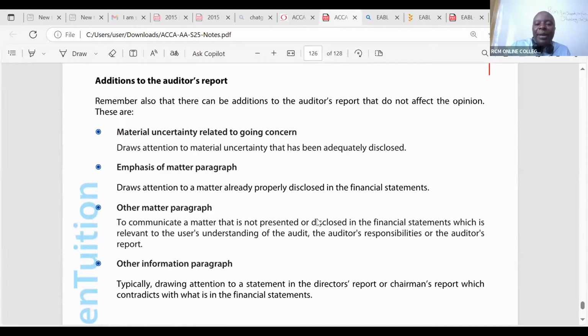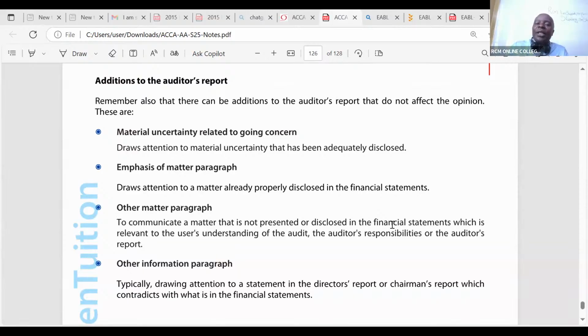So you'll be able to see the other matter paragraph, used to communicate a matter that is not presented or disclosed in the financial statements, which is relevant to the users' understanding of the audit, the auditor's responsibilities, or the auditor's report. So it's normally a matter not within those five sets of financial statements.